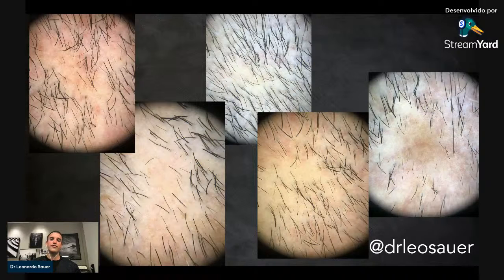So we referred this patient to the dermatologist. He made a biopsy and had the diagnosis of pseudopelade of Brocq, and the patient refused to undergo hair transplant surgery, according to the orientation of the dermatologist.